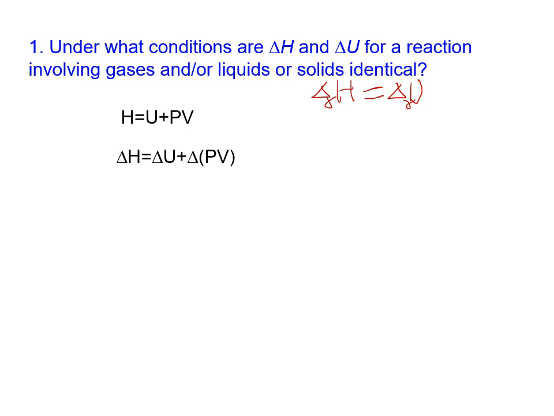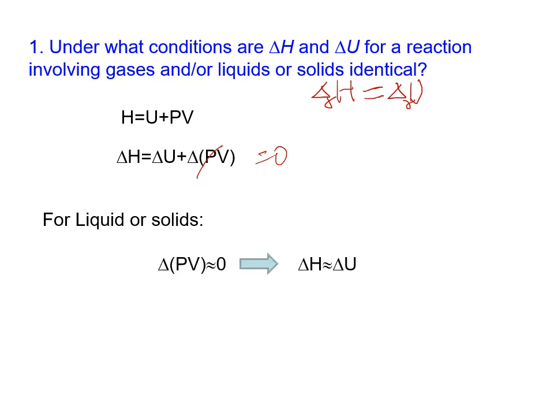Delta H equals delta U if delta PV goes to 0. When can this go to 0? When the reaction only involves liquids or solids, because for liquids and solids the volume doesn't change, so delta PV is 0. That gives you delta H equals delta U.